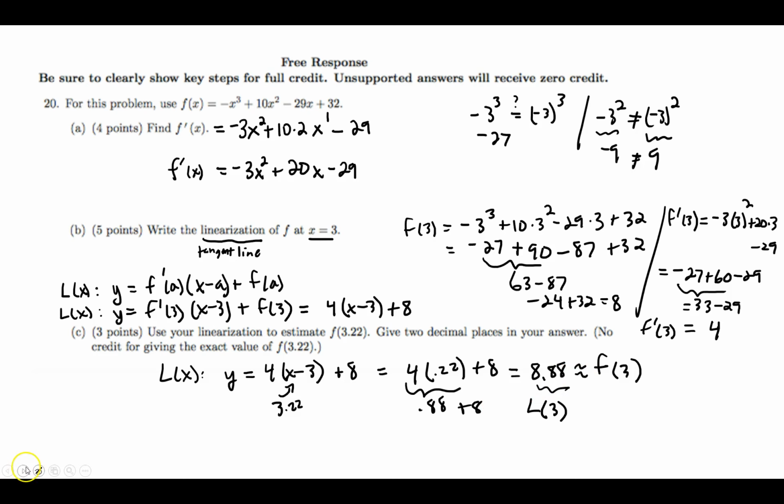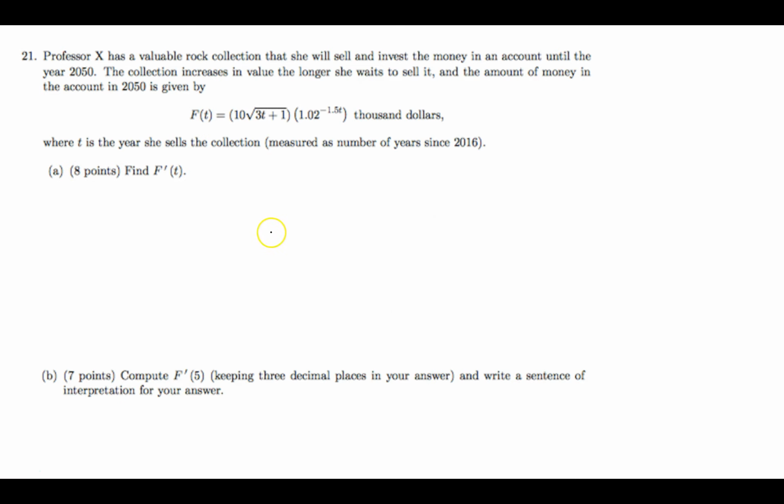Now we have Professor X. It's funny. He's a valuable rock collection that she will sell and invest the money in an account until the year 2050. The collection increases in value the longer she waits to sell it.